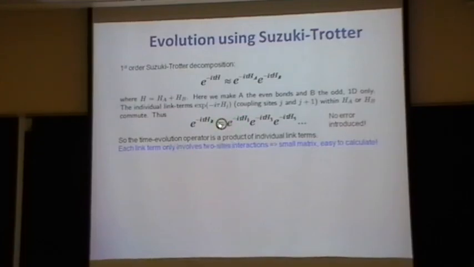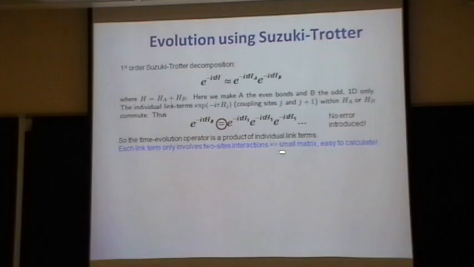And therefore, you can identically write this as a product of little evolution operators in the links. So first we had evolution operator in even links, in odd links. Now we take one of them, say odd links, and we can write it down as a product of little evolutions, but acting on the links only. And here we are not introducing any error because these link terms commute with each other.